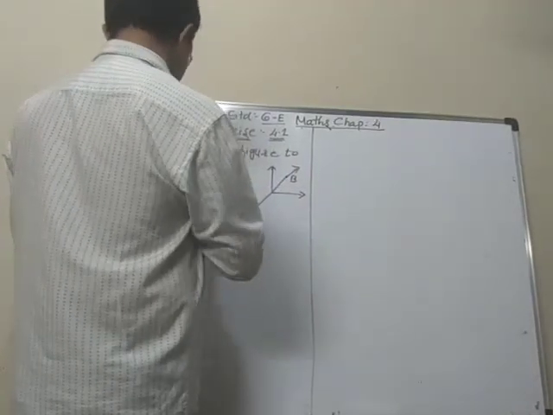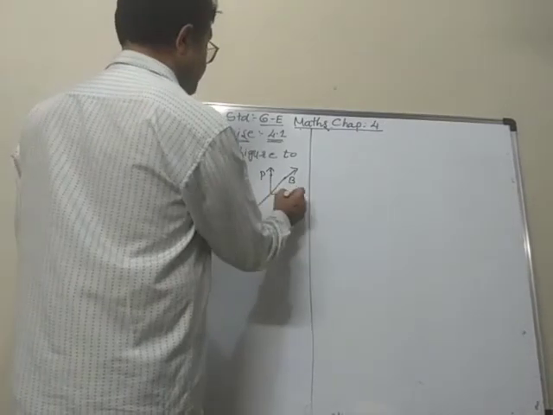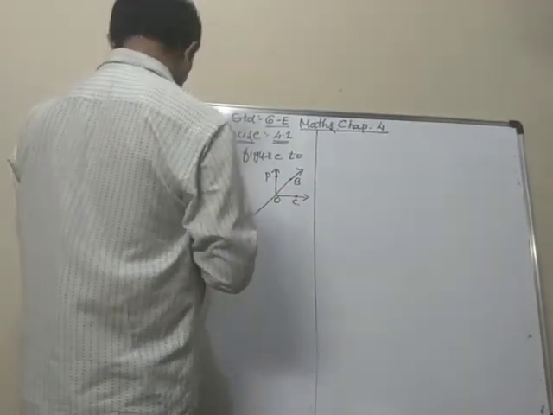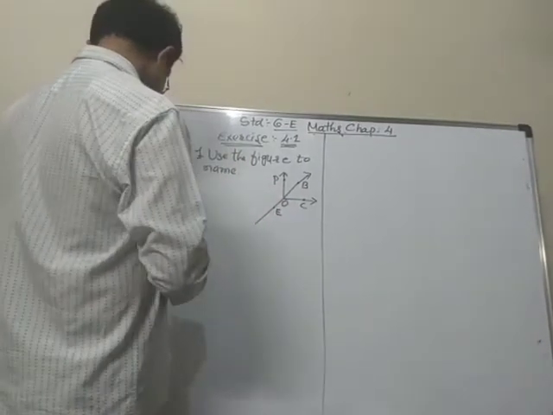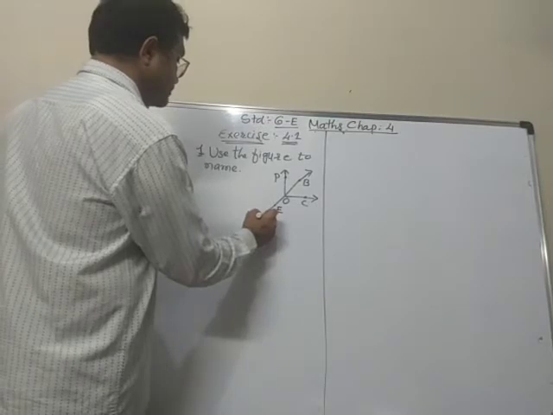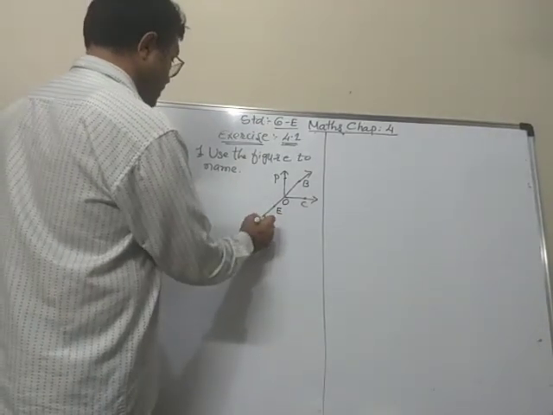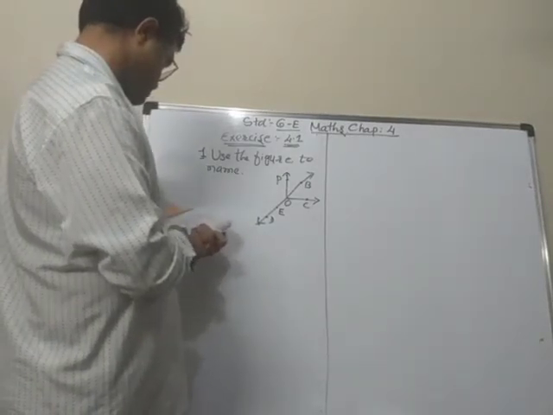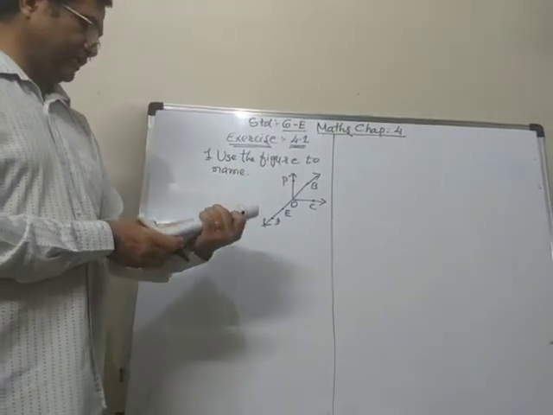Point B is here, point P is here, C is here, O is there, point E is there, point D is there, and the name of this. Okay, that is the only thing given.